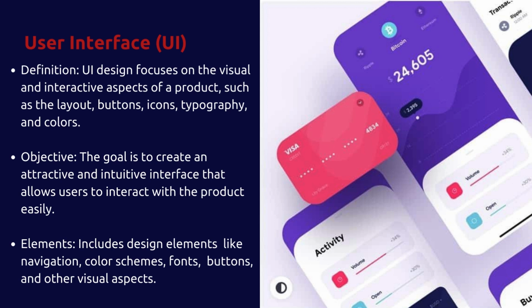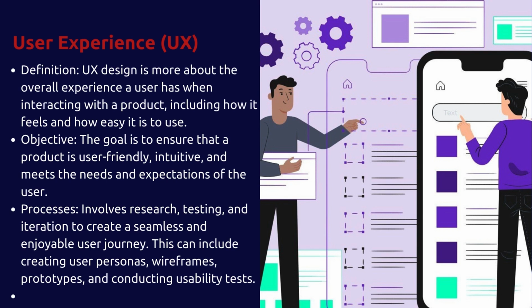The user interface aspect is what you put together: the colors, the elements, the navigation, typography, layout, buttons, and everything. That's UI. Everything that has to do with the design of the app or the website is the interface design, which is the user interface design.